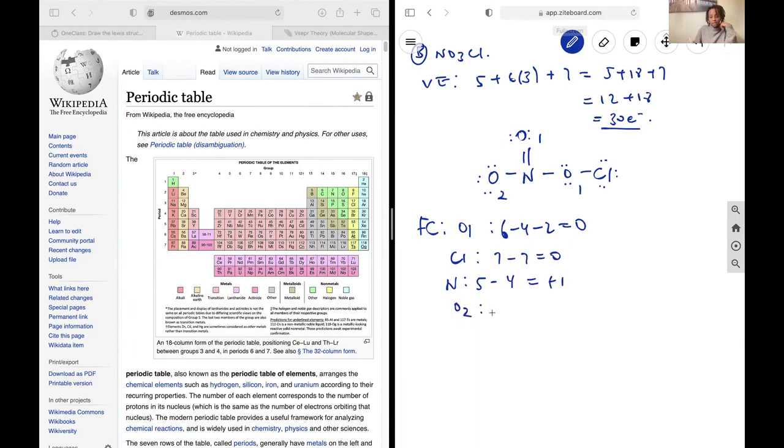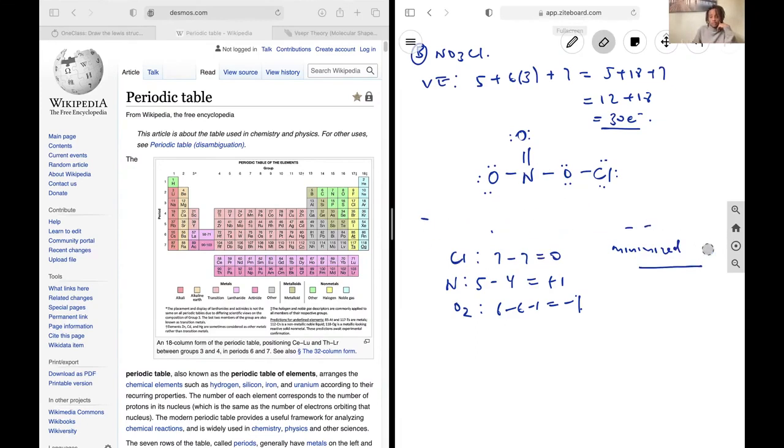And on the last oxygen, it is going to be 6 minus 6 minus 1, yielding -1. And so I can see that the net formal charge is 0, as it's supposed to be. And additionally, I've minimized my formal charges. And so this is going to be a valid Lewis structure, since everything is now taken care of.